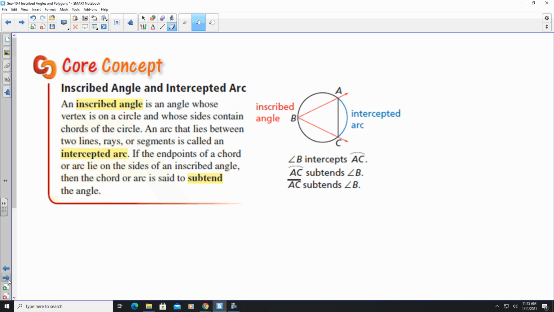Now, when they're looking at intercepted arcs, if the endpoints of a chord or arc lie on the sides of an inscribed angle, then the chord or arc is said to be subtended by the angle, which means that they have a relationship between the inscribed angle and the intercepted arc, which there is a theorem for.